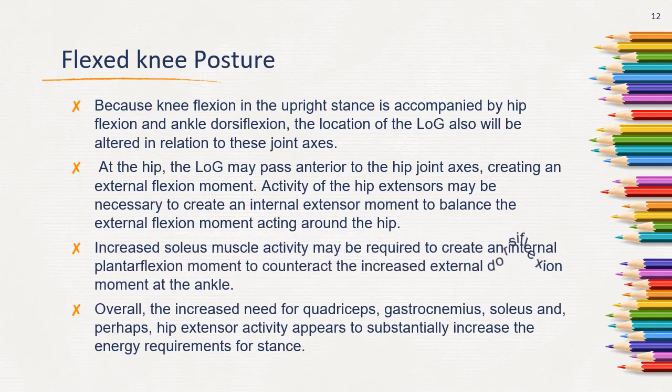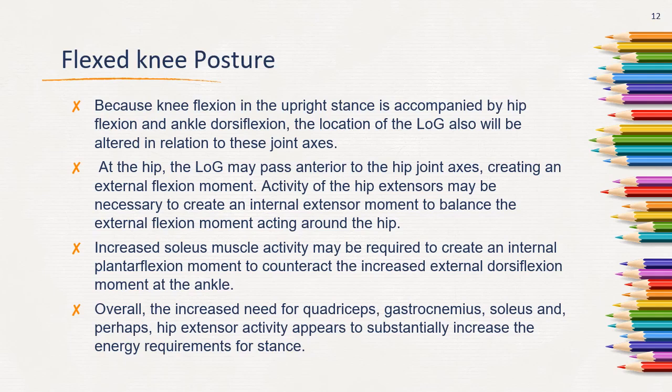At the hip, the line of gravity may pass anterior to the hip joint axis. That may create an external flexion moment. As a result, the activity of the hip extensors may be necessary to create an internal extensor moment to balance the external flexion moment acting around the hip.